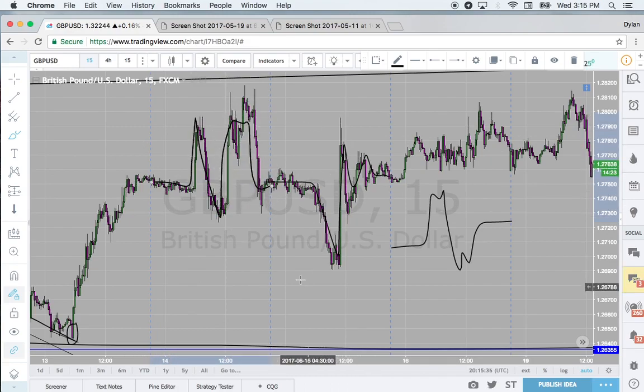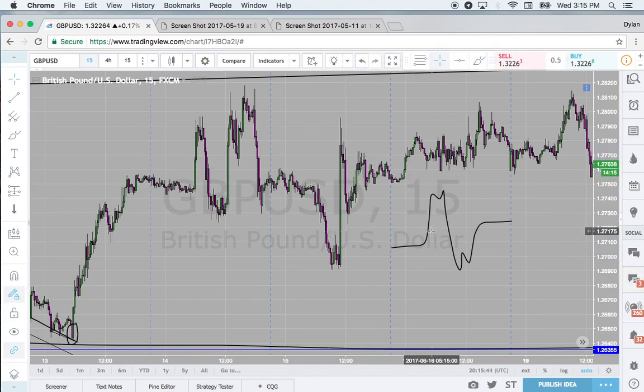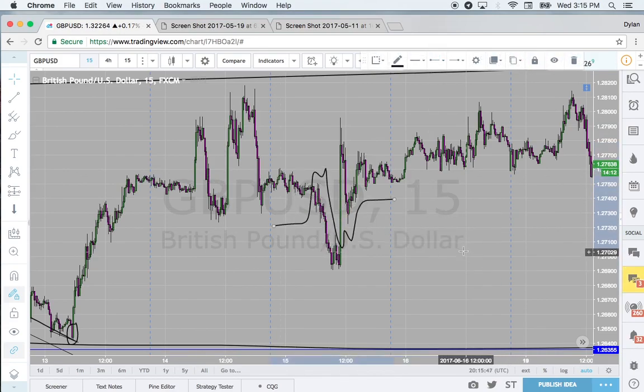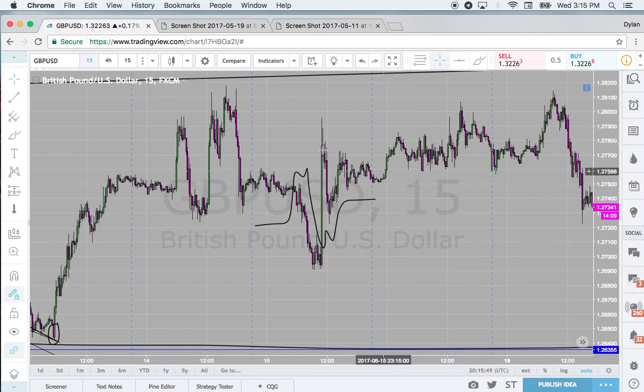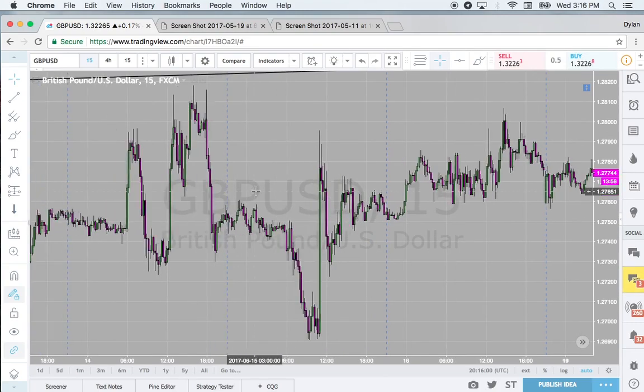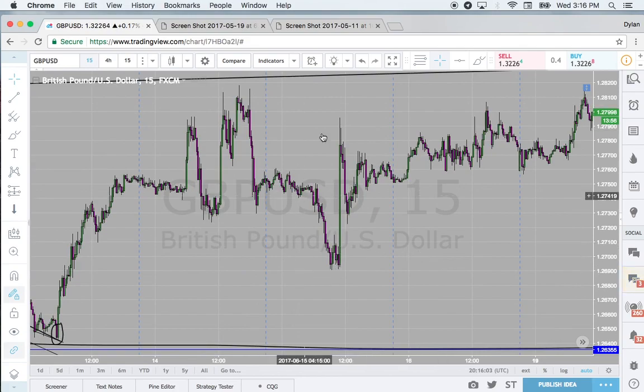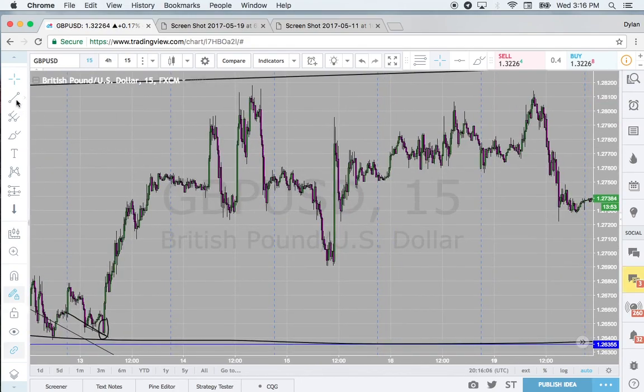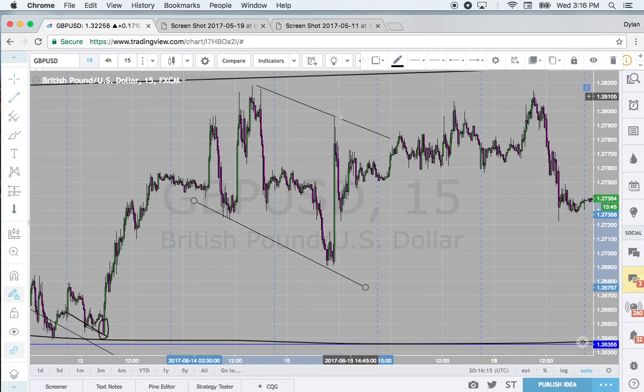Different variations of it, but it's the same pattern. I would say 1 or 2, if not 3 or more days occur like this. This happens, and this is needed to, number 1, take out the buyers and the sellers, and number 2, create the highs and the lows of the day and the trend. So the trend can be marked out by these retail traders.